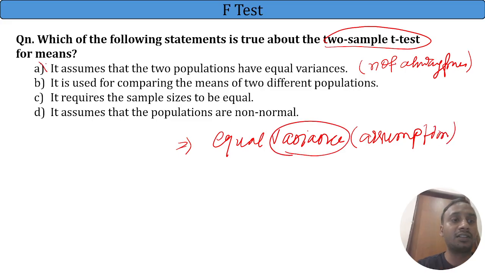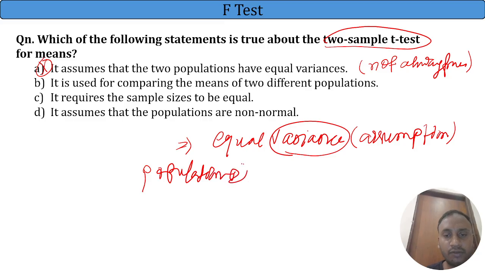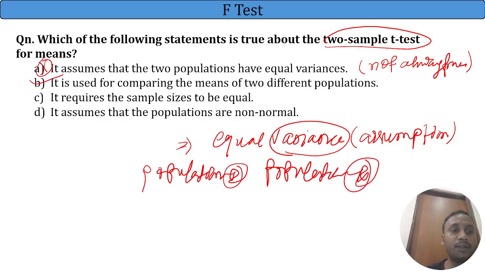So this can't be the answer, is it? Yes, sir. It is used for comparing the means of two different populations. Yeah, because we are taking two populations, population one, population two. Then we are comparing the mean. So this can be the answer.